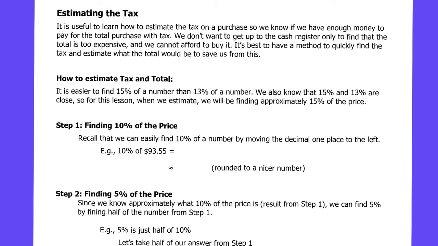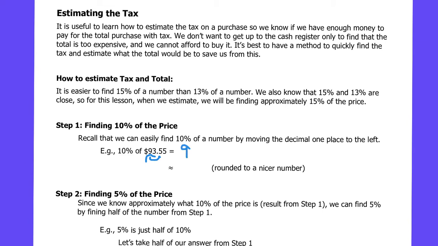So our first step in estimating is finding 10% of the price. Remember that when we're finding 10% of anything, all we're doing is moving the decimal place one to the left. So if we're looking at this number here, 93.55, we're just going to move our decimal over to the left. Sorry, my pen's not quite small enough to show, but it should go in between the 9 and the 3.